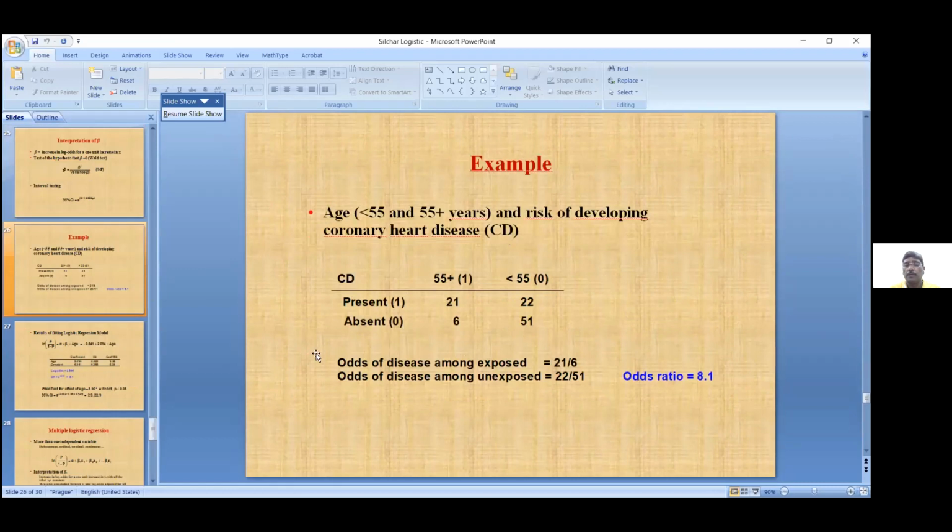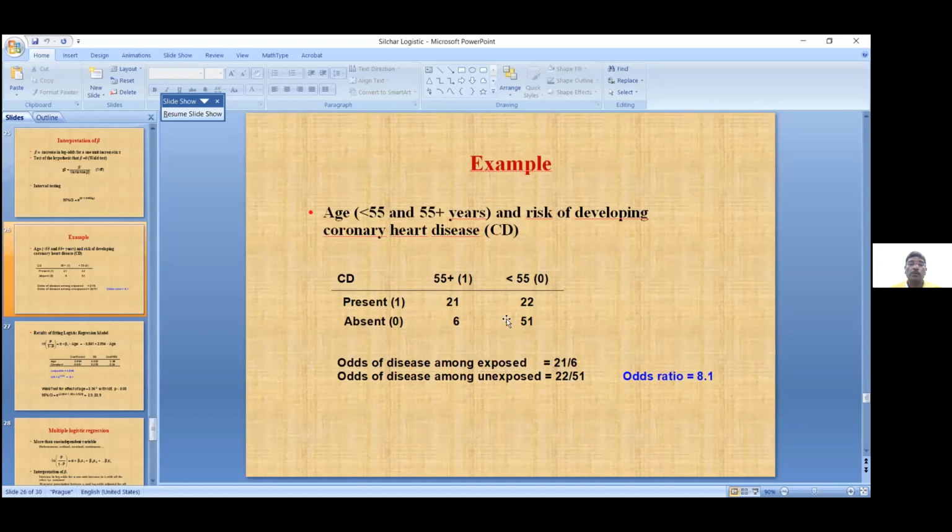Okay, this is the 2x2 data. You can get the value AD by BC. Suppose it is A, it is B, it is C, it is D. So the odds ratio is AD by BC. This will provide the same thing. Is it clear? We have taken the ratio of this value upon this value.